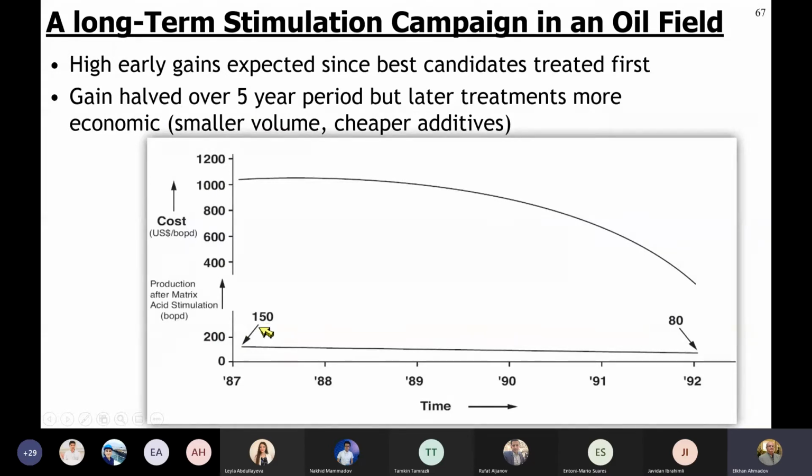So essentially the final incremental rate is halved, but economics also halved. So the total economic value of this is still profitable.